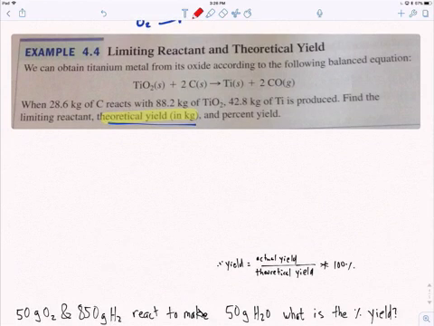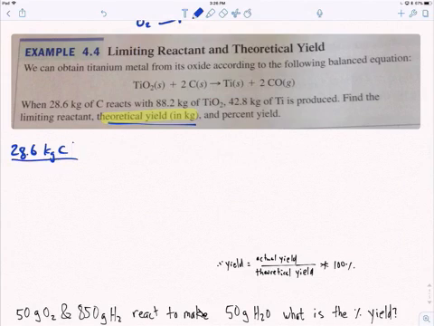But let's do the math on this. We're going to look for the theoretical yield, and we've done this before. We don't know what it is, so let's look at both. 28.6 kilograms of carbon. So 1,000 grams carbon per kilogram carbon.